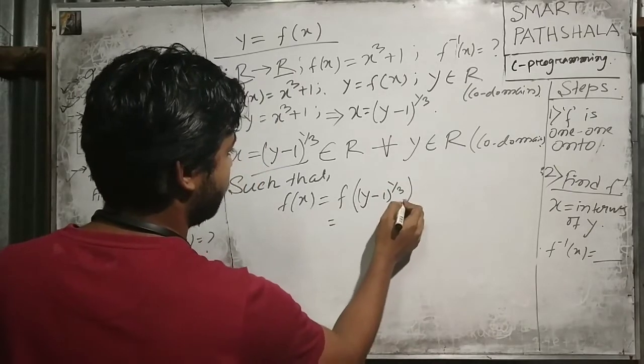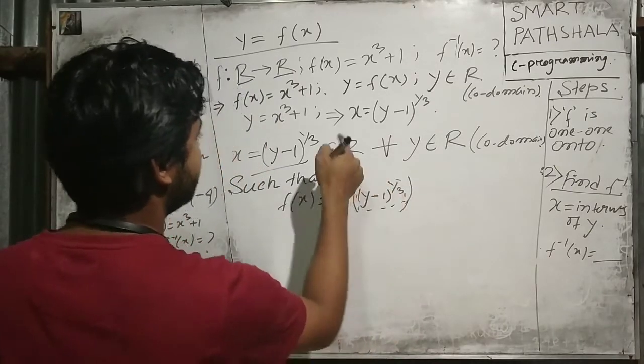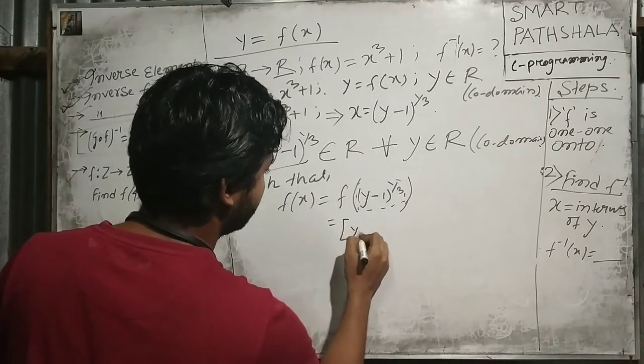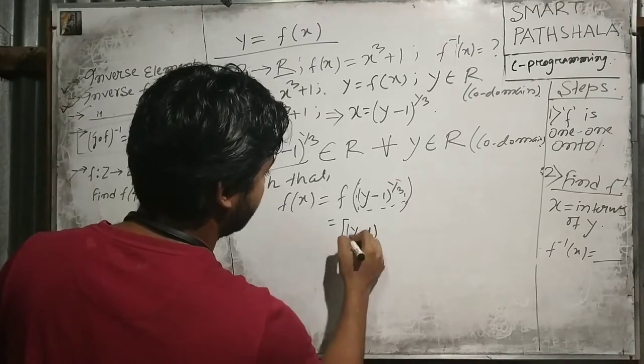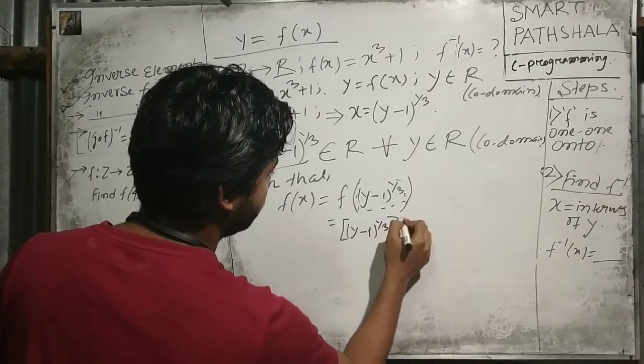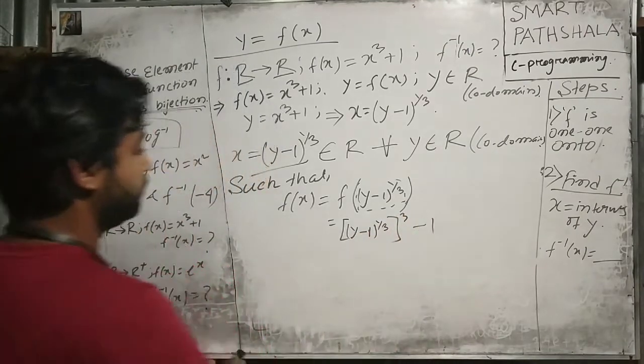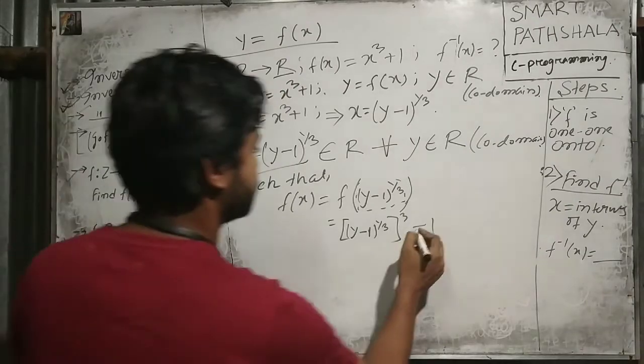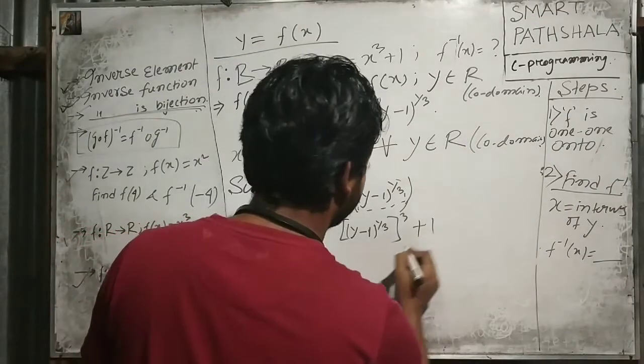Now f of this thing, right? What is f of this thing? x cubed plus 1. So I will obviously write y minus 1 to the power 1 by 3 into cube plus 1, sorry, it's plus 1. Yeah, plus 1.